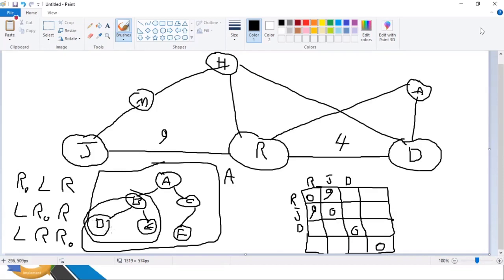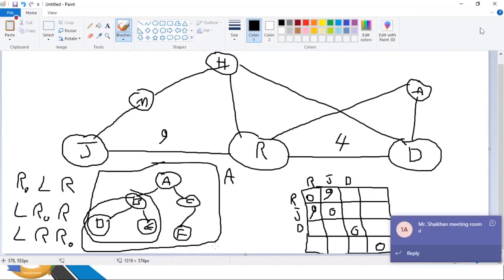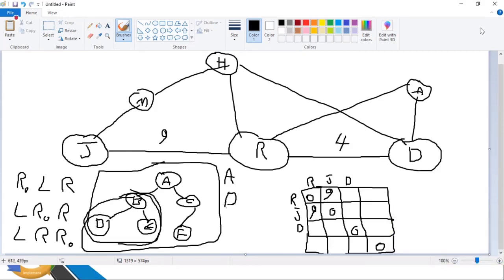B or A or D? Because B is a left of A, that's true, but when I went to the left, now I have another subtree. So I have to look, is it the one I'm looking for? No, you will start from the D. So Huda will start from D.